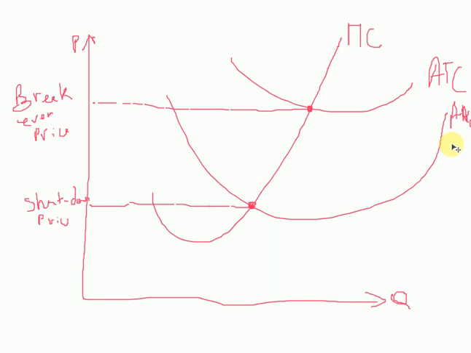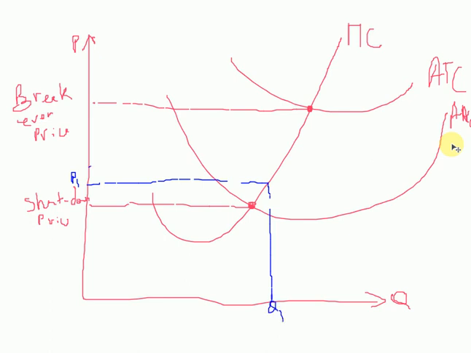So, we can imagine different prices. Say that here it's P1. The market price is equal to P1. The firm produces Q1.